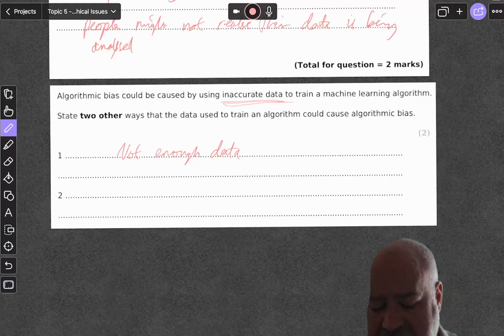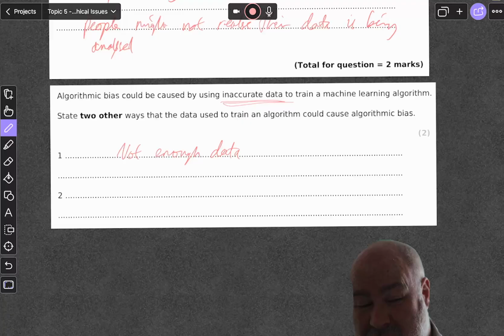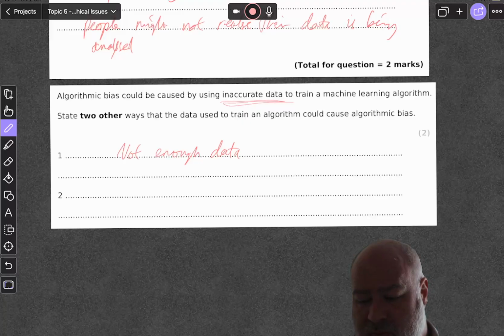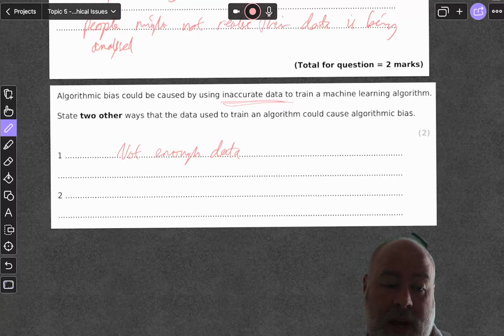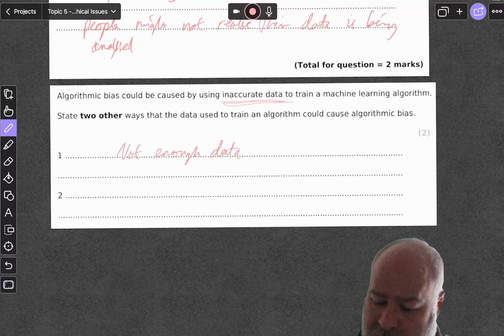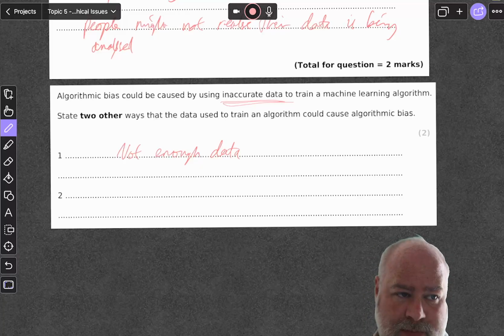For example, if there's a machine learning algorithm that's meant to help teachers, and they've only asked teachers in the South Coast, well, what about all the teachers in different territories or in different countries? They might have their own opinions, based on more regional issues or wider context issues. Or maybe they haven't spoken to enough women, for example, and they're just polling men. Not enough data or insufficient data.